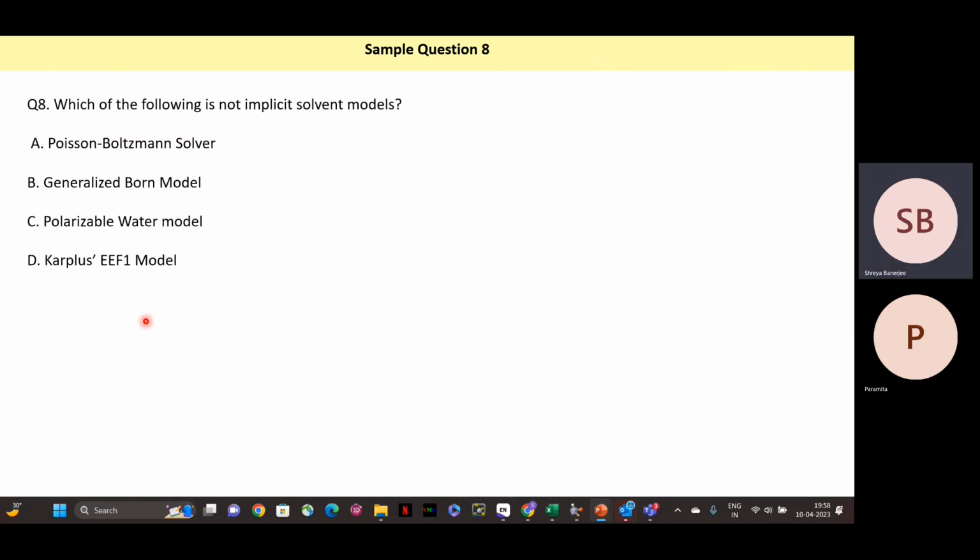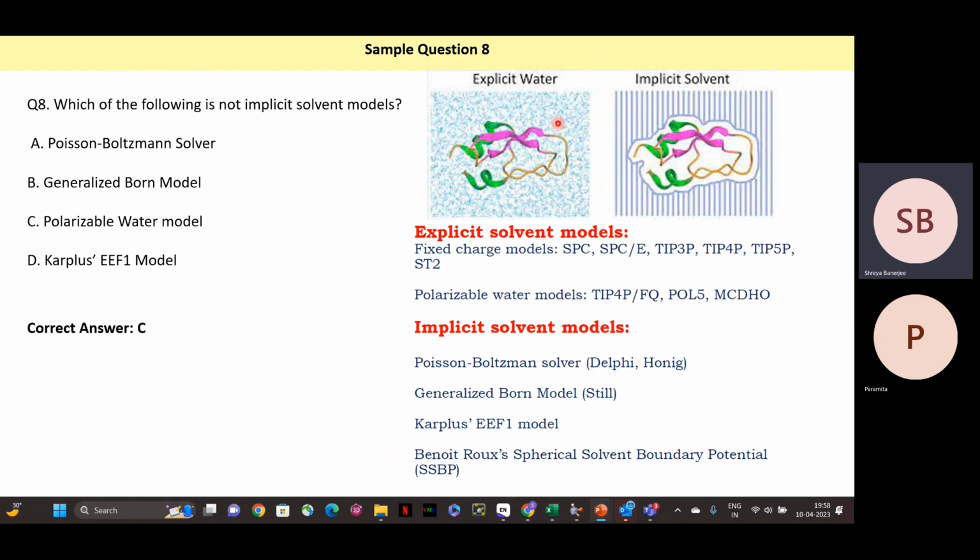Question 8 asks, which of the following is not an implicit solvent model? So the correct answer is C. If you recap, explicit solvent model is when each of the solvent molecules is defined as a different molecule. And in implicit solvent model, it is defined as a continuum around the protein molecule.